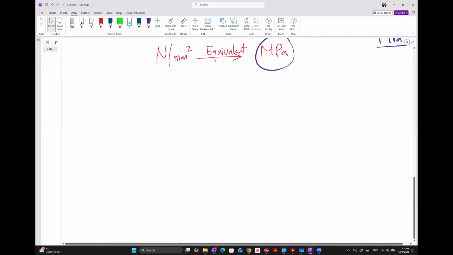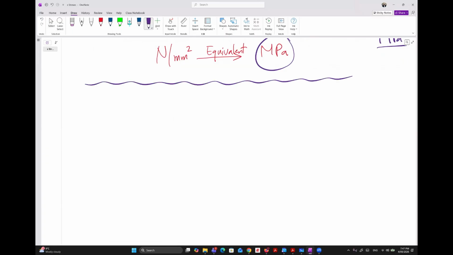Okay. If we go back to the slide, we have another type of stress, which is shear stress. Shear stress we give the symbol tau. So sigma for normal and tau for shear stress.